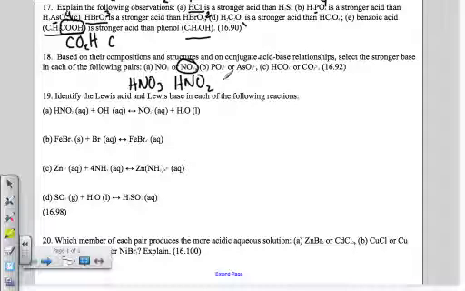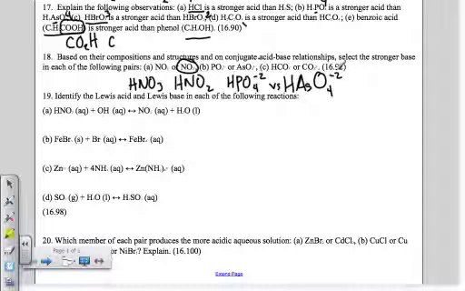PO4 versus AsO4. So again, you want to think about the acids they came from. So this is the way we need to think. The acid that PO4 comes from is HPO4 with a -2 charge versus HAsO4 with a -2 charge.